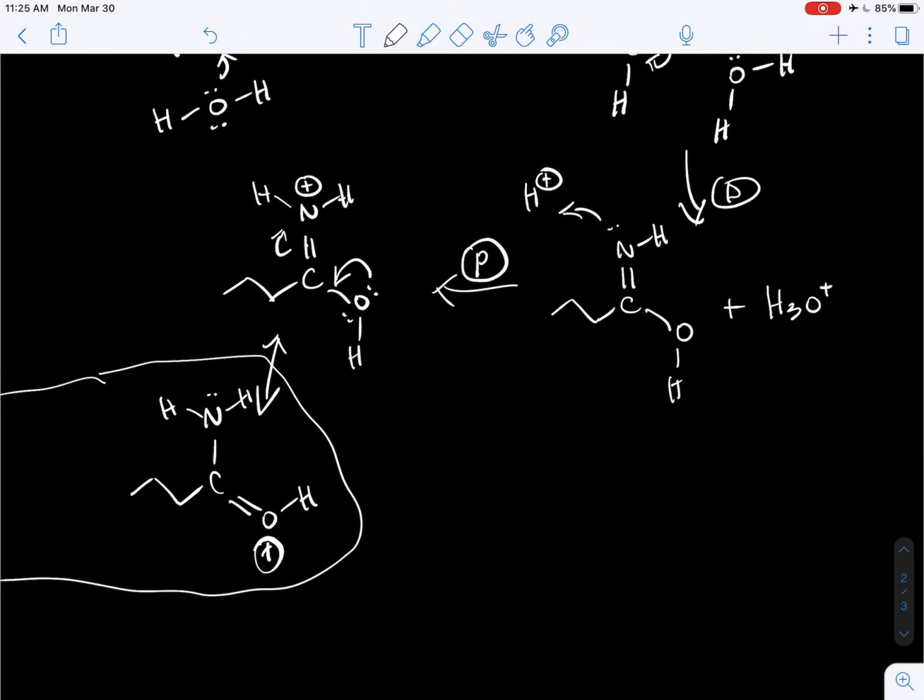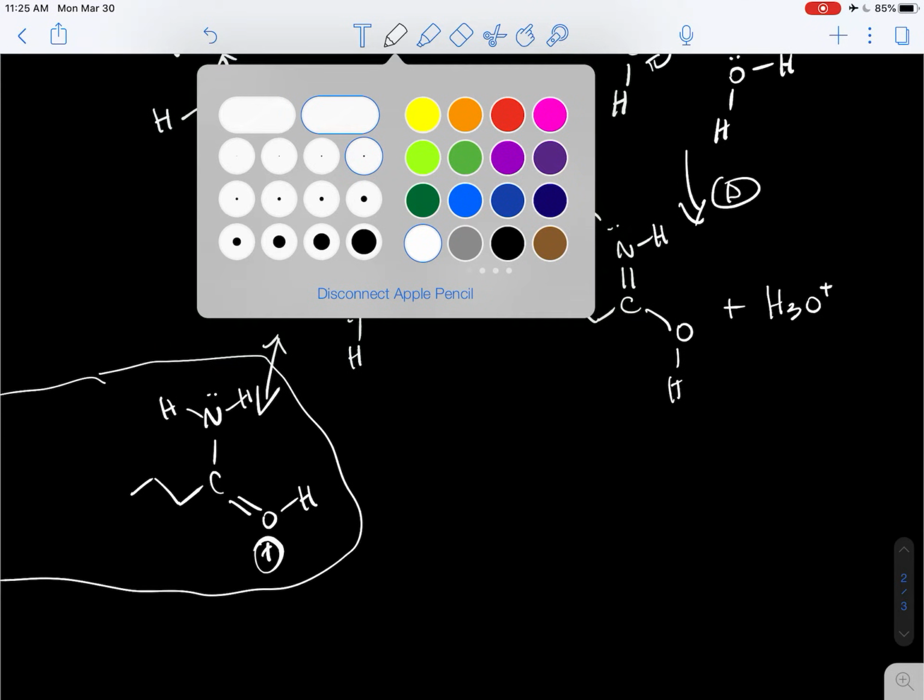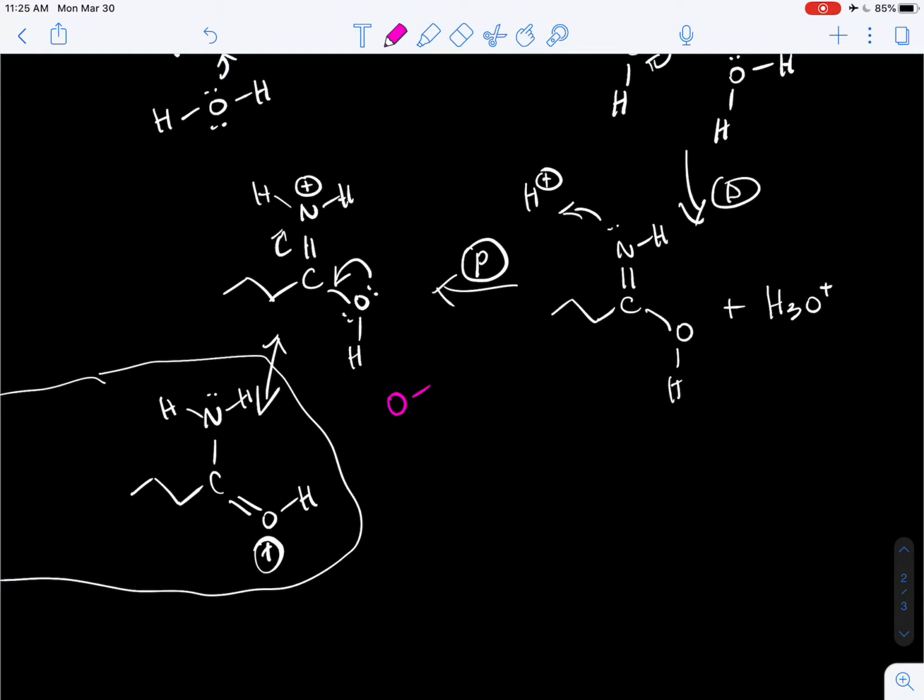But what we want to do here is use water, which is the nucleophile here. And we could attack this resonance structure, or we could attack this other resonance structure.